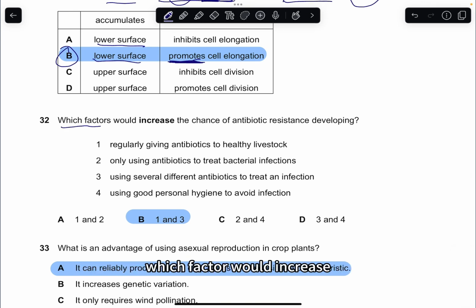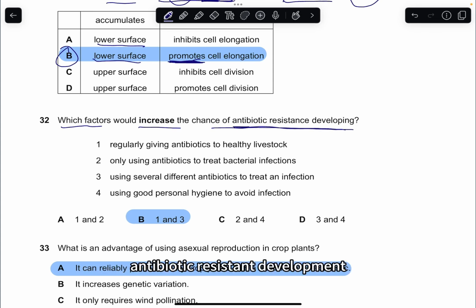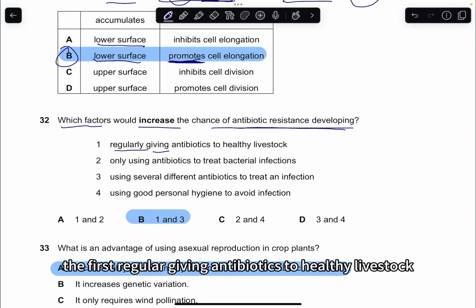Question 32. Which factor would increase the chance of antibiotic resistance development? They give you the first, regularly giving antibiotics to healthy livestock.